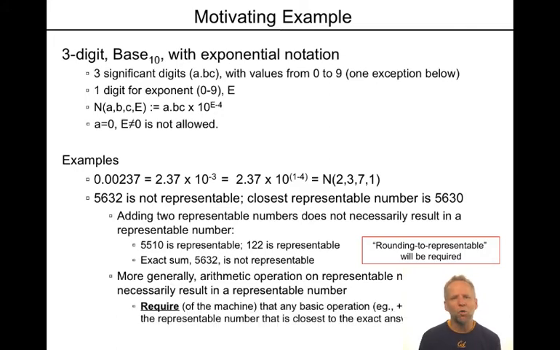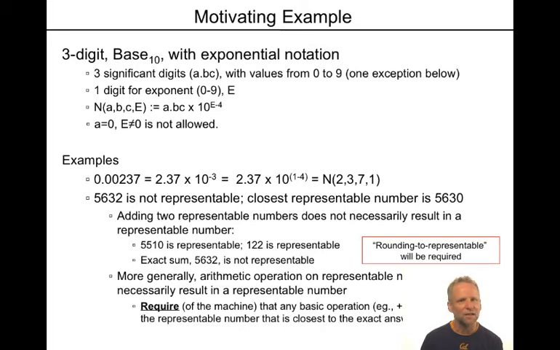And what we're going to require of the machine is that any basic operation, like I've just described, must always yield the representable number that is closest to the exact answer. It sounds impossible because it sounds like we have to know what the exact answer is. But it turns out it's going to be a little easier than that. And this is a property of all the CPUs in all the computers that you're sitting at. They adhere to this type of accuracy.